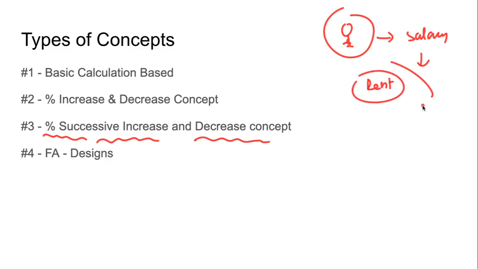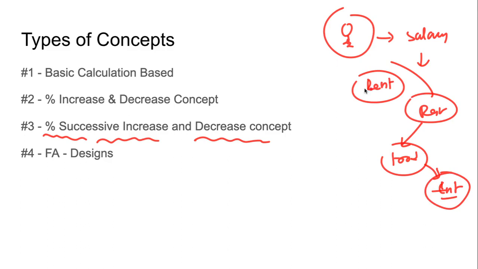So he will be left with the rest of the money. Of the rest, he will spend some percentage on food, and he'll be left with the rest of the money, of which some percentage goes to entertainment, like that. So in the same value, multiple percentages are applied. Those types of problems are called successive percentage increase decrease problems.